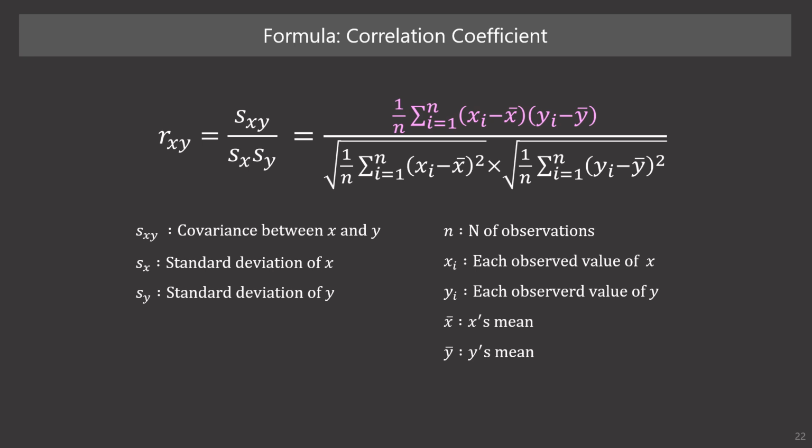If the two variables move together, the covariance is positive. And if the two variables move in the opposite direction, the covariance is negative. To compute the correlation coefficient between x and y, we divide the covariance between x and y by the product of x's standard deviation and that of y.